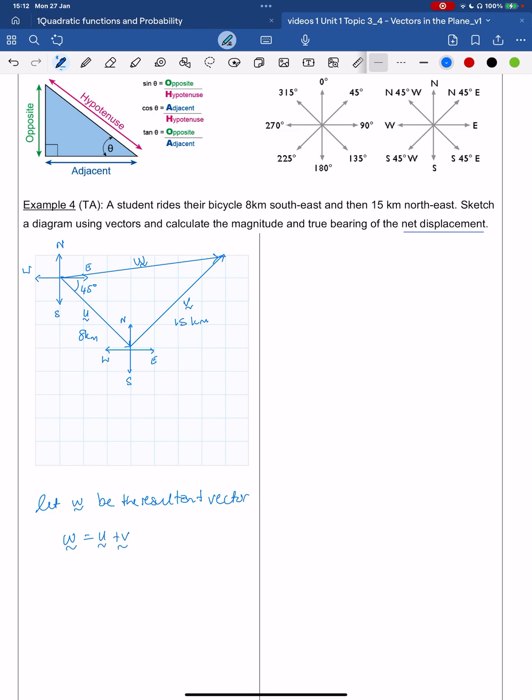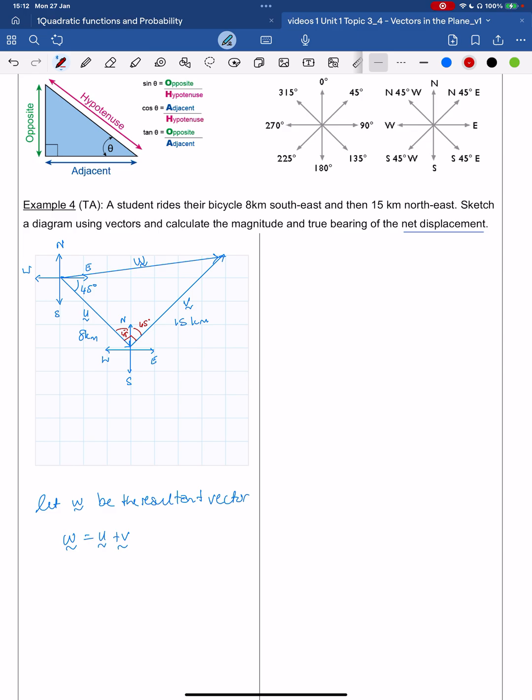Now let's have a look at some of the things we know, all right? If this is a 45-degree angle, this is also a 45-degree angle, and we know that that's a 45-degree angle. And suddenly this becomes a really cool triangle because it is a right-angled triangle. And as soon as we've got a right-angled triangle, we can use normal trig and we can use Pythagoras.